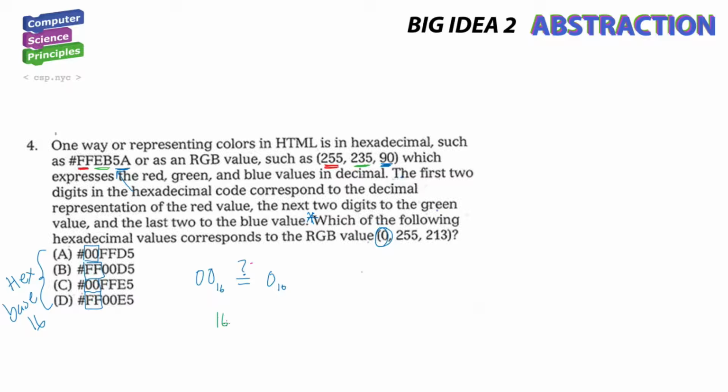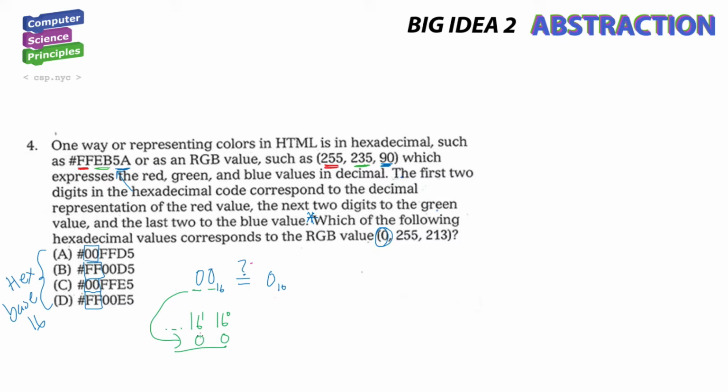If we're dealing with base 16, we write 16 to the 0, 16 to the 1. We could keep writing, but we've only got two digits here, so those two digits slide down, 0 and 0. When we do the math, 0 times 16 to the 0, which is 1, is 0.